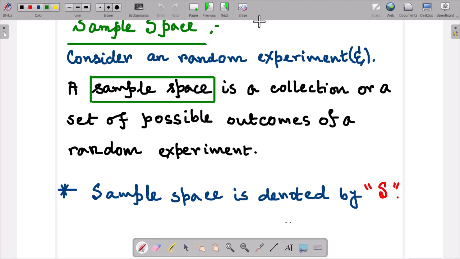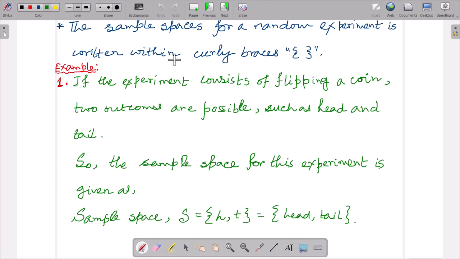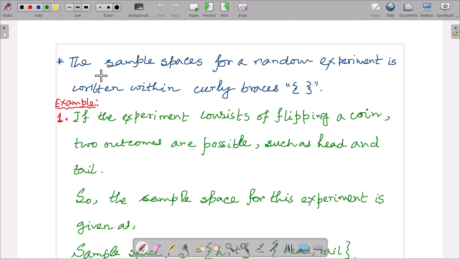So sample space is the set of all possible outcomes. The sample space of a random experiment is written within the set notation, curly bracket.